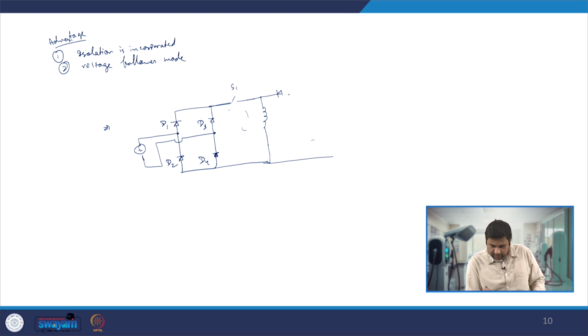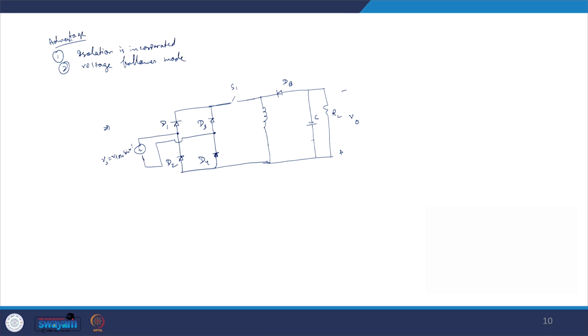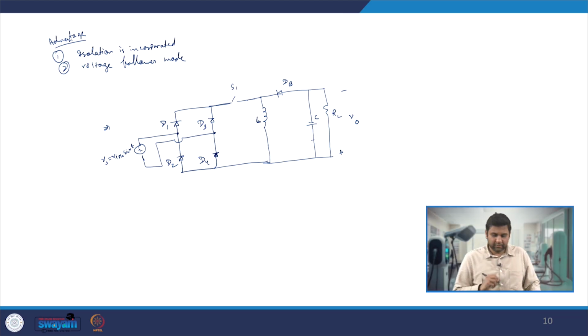So the other side will be such that we have the load RL and the capacitor C connected in the reverse way, minus plus V naught. This is the diode bridge, and this is Vs equal to Vs peak sin omega t, and this is the inductor L which I am talking about.